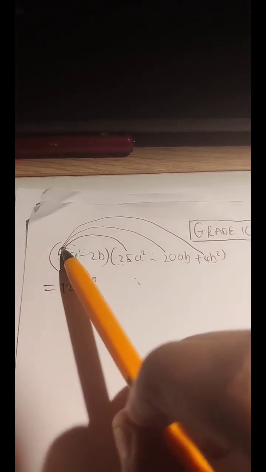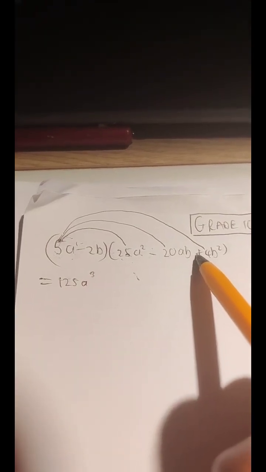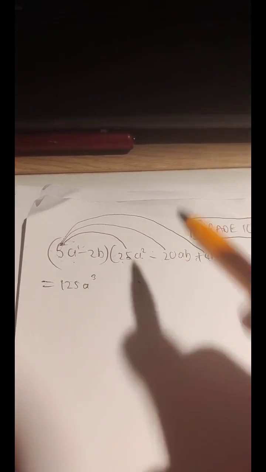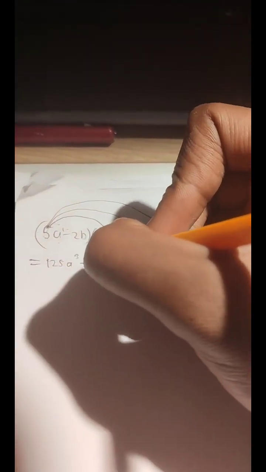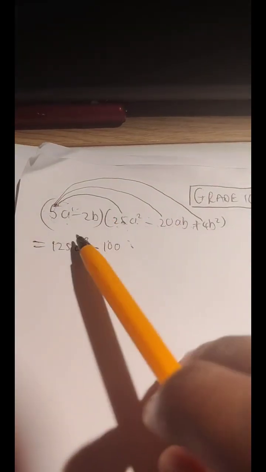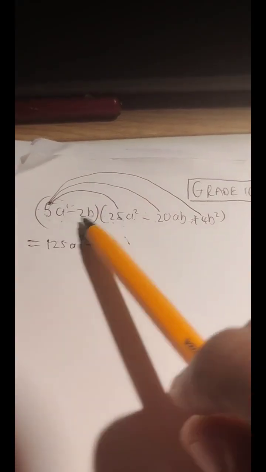We now multiply 5a with negative 20ab. Same thing: sign, number, letter. Positive times a negative is negative. 5 times 20 is 100. A times ab: remember, the a and the a have the same base.